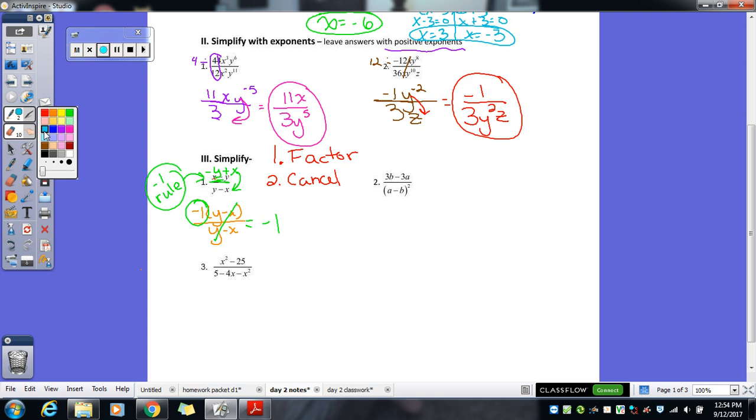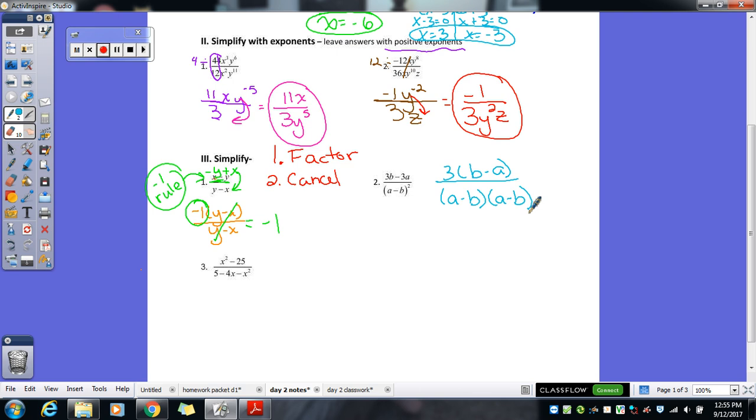All right, let's try our second one there. We have 3b minus 3a over (a minus b) squared. Can we factor anything out of the top? Yes. The 3. GCF factor of 3. And then in the bottom, I'm just going to write my a minus b twice, since it's a minus b squared.